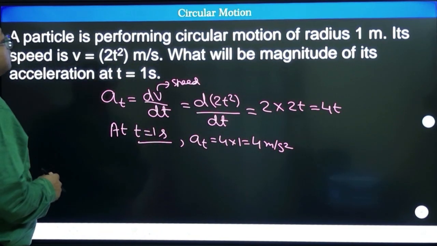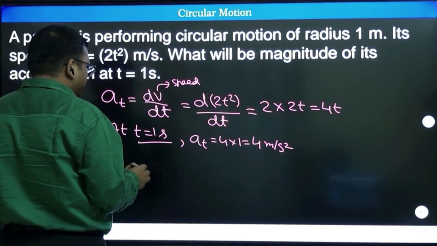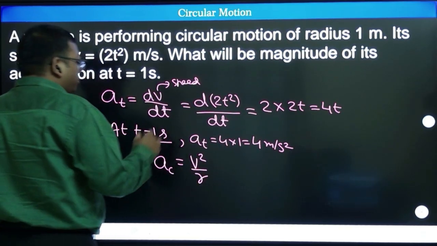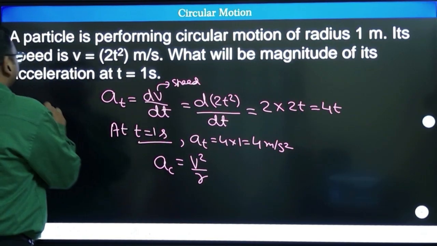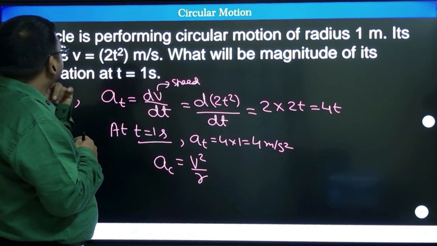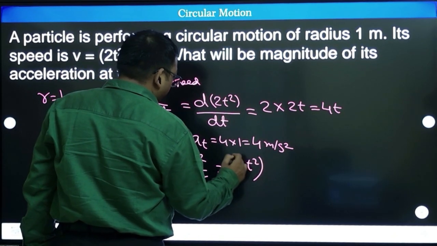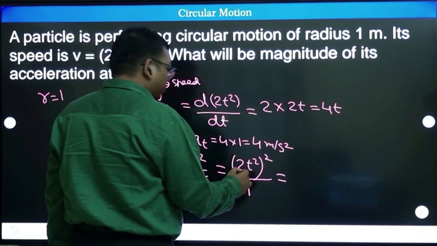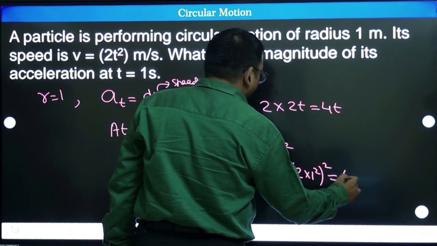Then for the magnitude of acceleration, we also have to find the centripetal acceleration, which is v square by radius. Radius is given as 1, so we have to calculate v at that instant, time 1. The speed is 2t square, so 2 into 1 square, which is 2 square, that becomes 4.